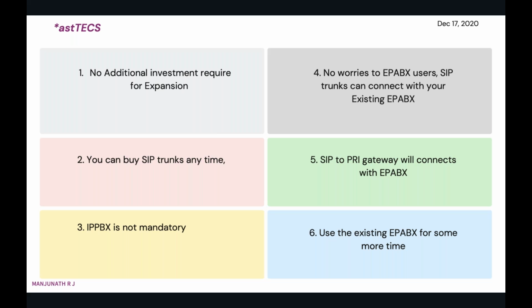It connects absolutely with the PRI gateway. They can buy it anytime. It allows them to use the existing EPABX for some more time. That is the most important thing.